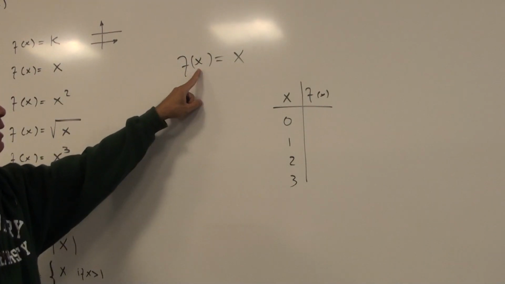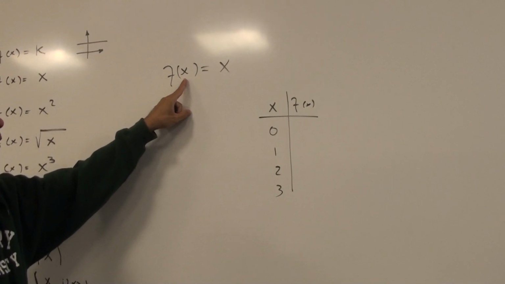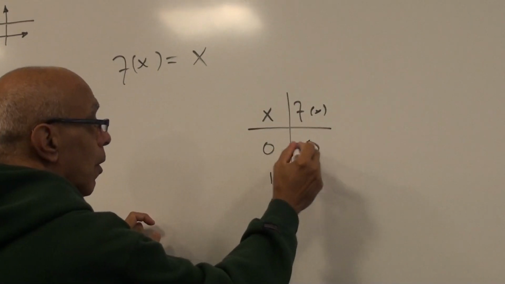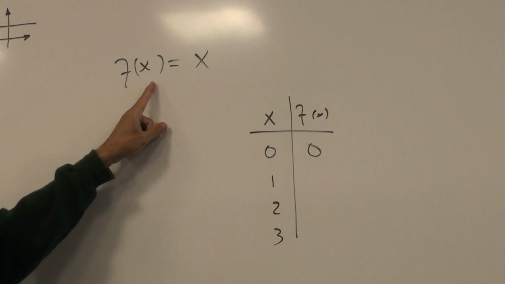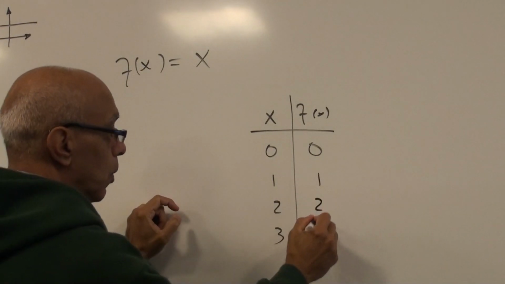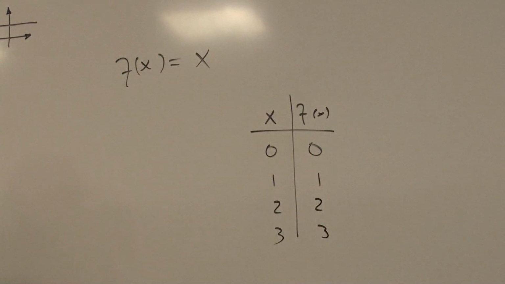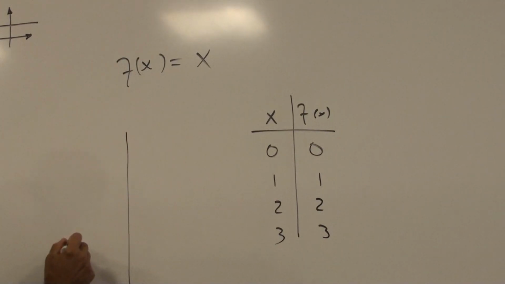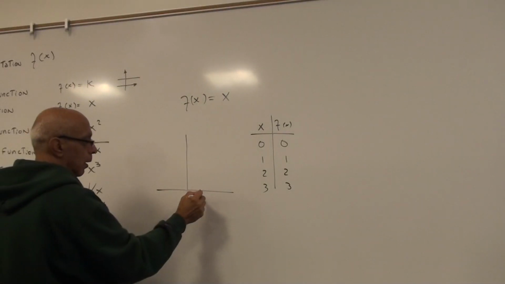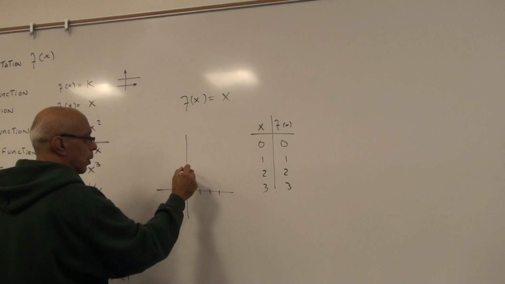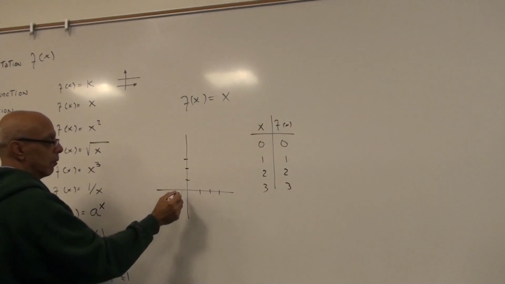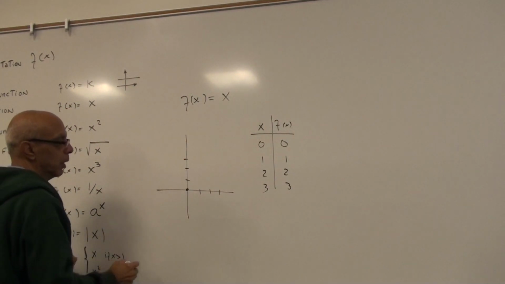So when x is 0, f of x is 0. When x is 1, f of x is 1, and 2, and 3. There you go. So then we graph this again. So when x is 0, f of x is 0, first point.